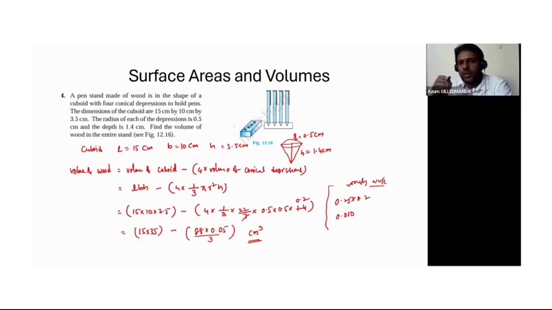So LBH minus 4 times, because we have 4 conical depressions taken out, so 4 into the volume of each, 1 by 3 pi r square h. I just substituted the values. If you simplify, you'll get the answer. And always remember to include the units. The units here are centimeter cube.